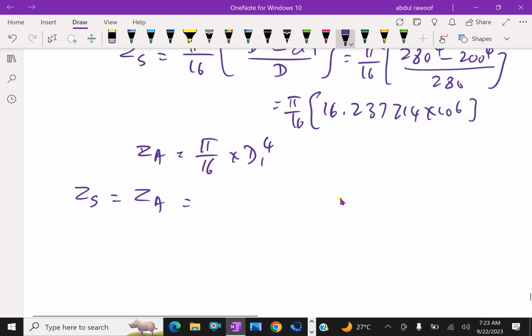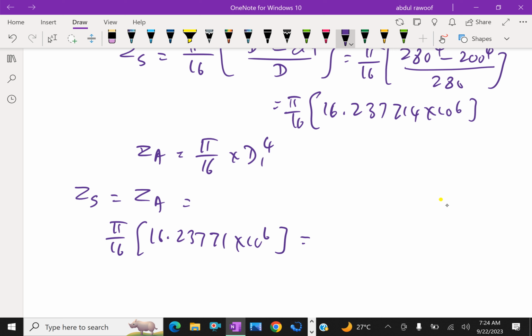Therefore we can write pi by 16 into 16.23721 into 10 power 6 is equal to pi by 16 into D1 cubed.